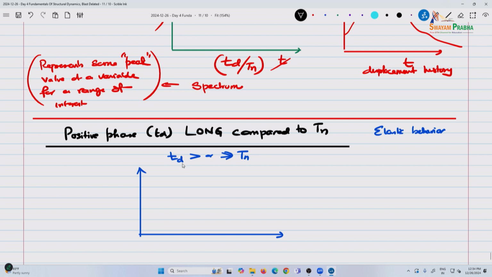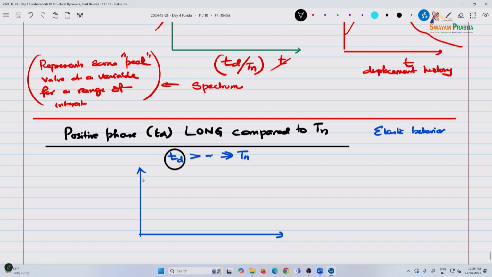If Td is long, what applications could it mean? Nuclear explosions, those kinds of applications where you have a very long Td.